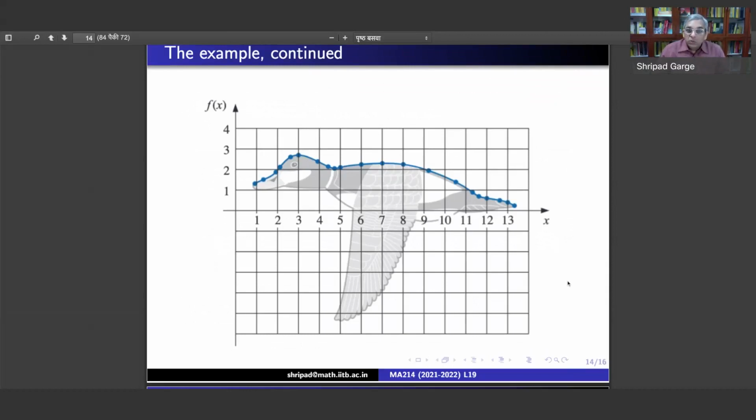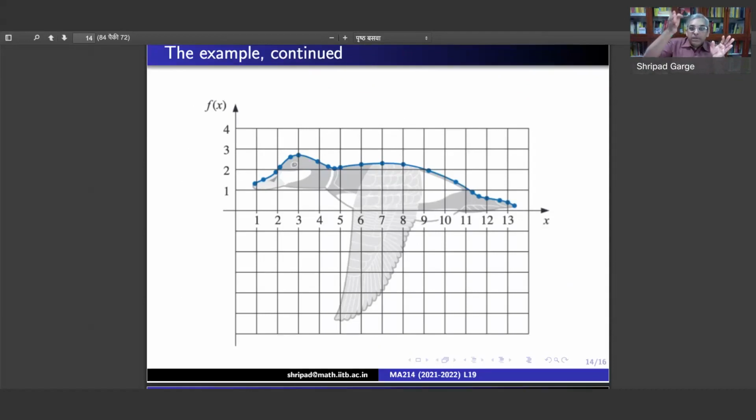So what one could do is look at the graph starting from the nose or the beak of the bird and go all the way up to say 5.6, and that gives you the profile which seems to be at least piecewise smooth.